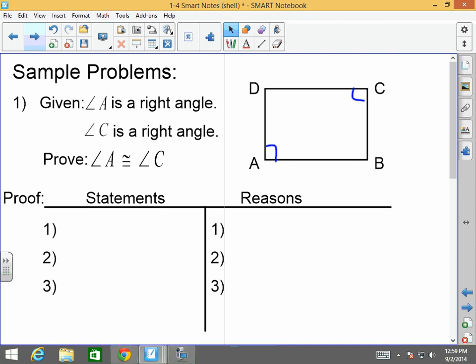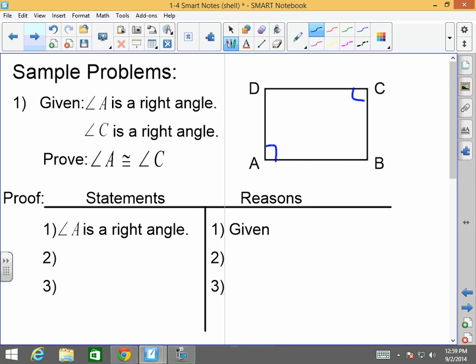What's the first thing I'm going to put down? That's exactly correct. What else can I say? Okay, you're going to go above and beyond. I like that. Measure of angle A equals 90 degrees. So let's go ahead and change these numbers here because you added a little bit more, and that's fantastic. And then definition of right angles. Correct.